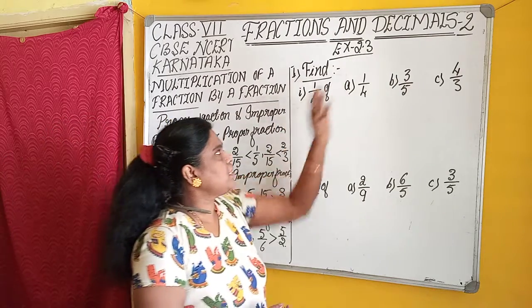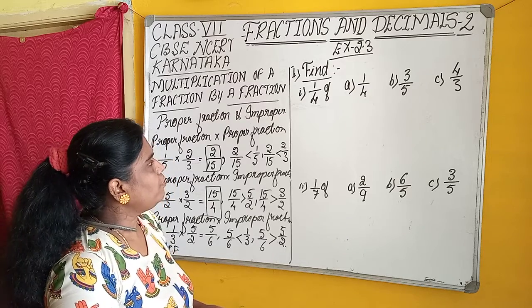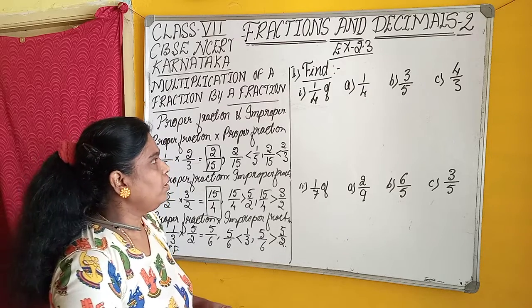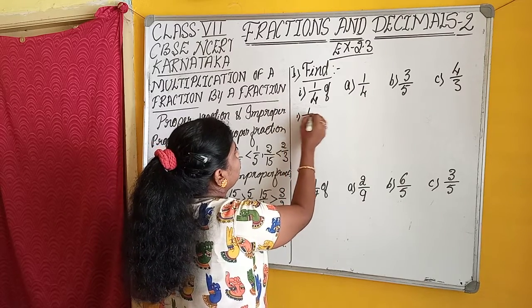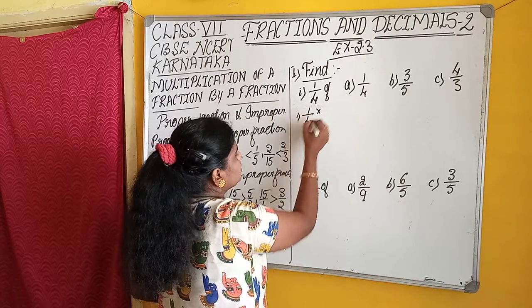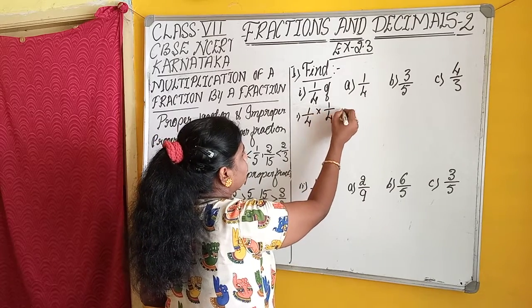Next, exercise 2.3. First, find 1 by 4 of 1 by 4, 3 by 5, 4 by 3. Let us take the first one. 1 by 4 of means you have to put into, that is equals to 1 by 4.